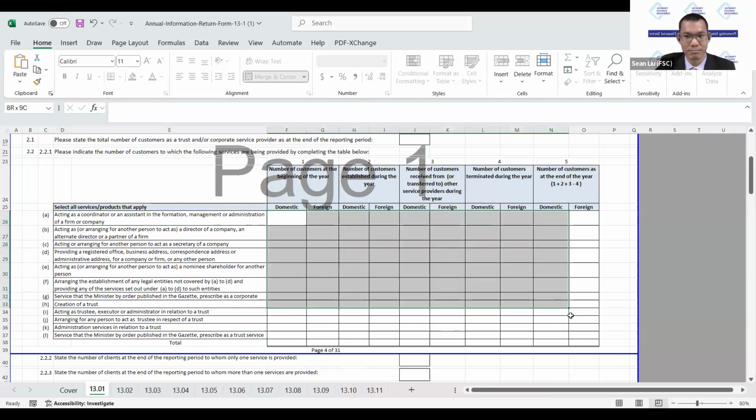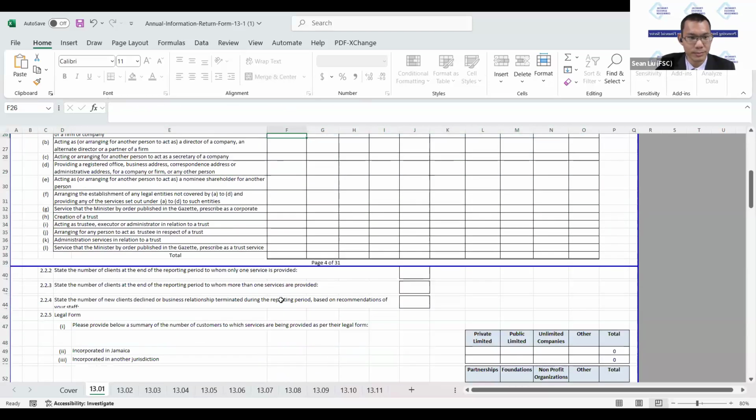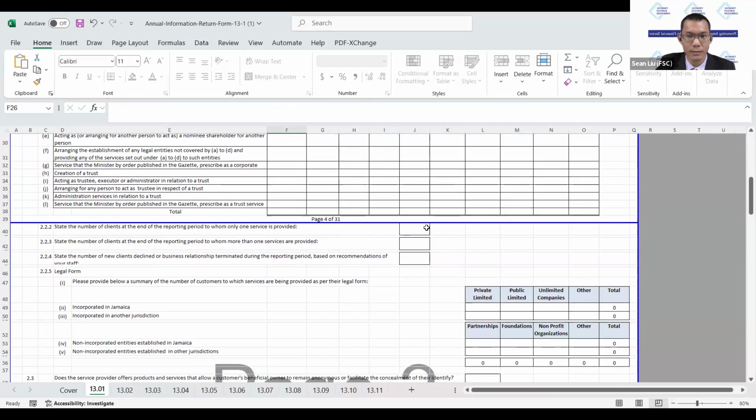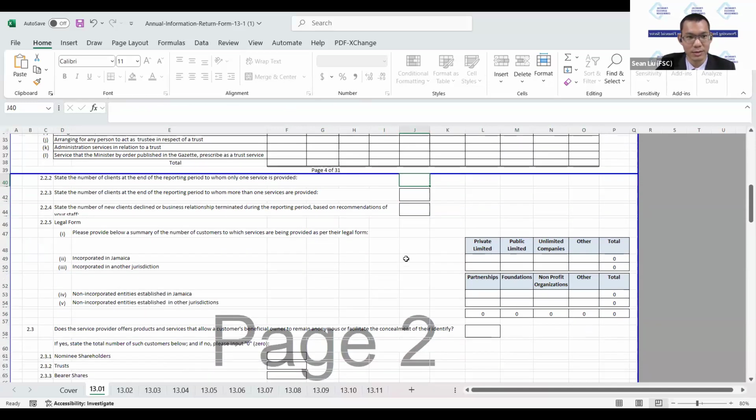So it's a very granular breakdown of your client base depending on the services and products that you offer. Here it will ask about the number of clients to whom only one service is provided. Item 2.2.3 will ask number of clients for whom more than one service is provided, and so on.